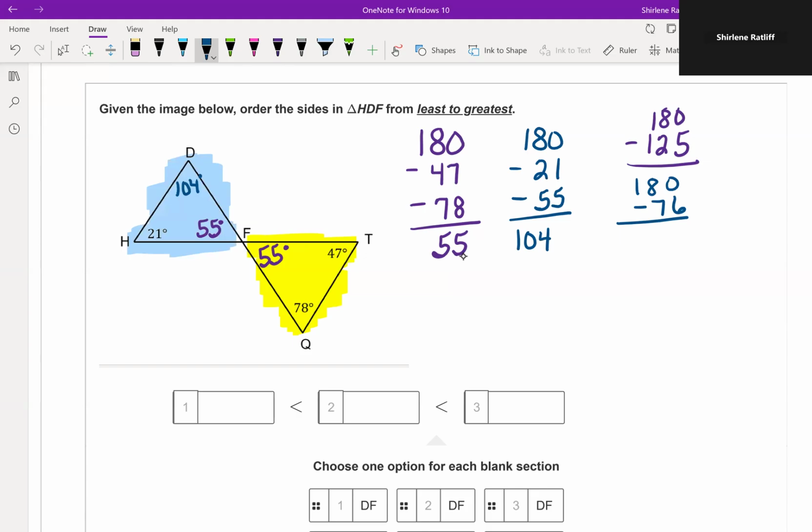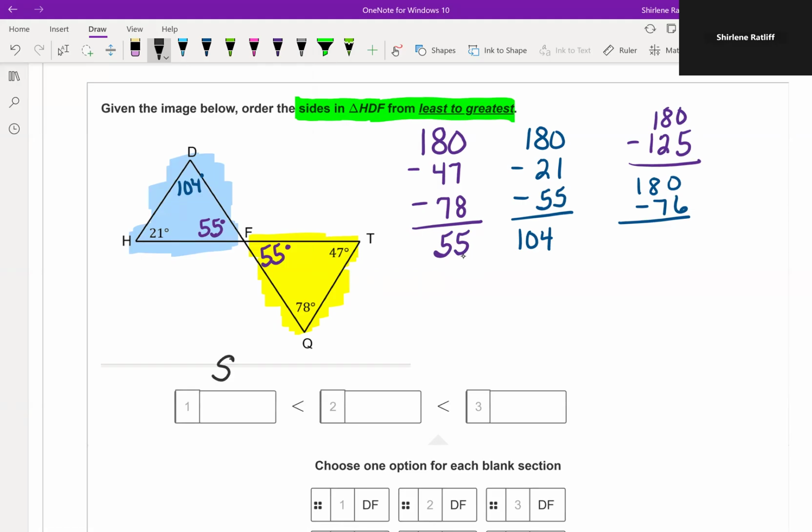All right, now let's answer the question. The final question says list the sides of HDF from smallest to largest. Small, medium, large, triangle HDF. The smallest angle is 21 degrees, so the smallest side would be side DF.